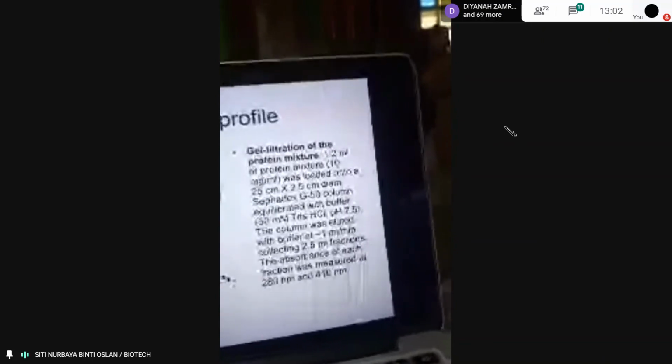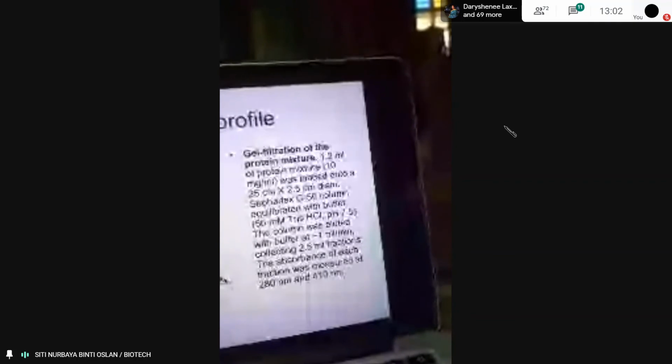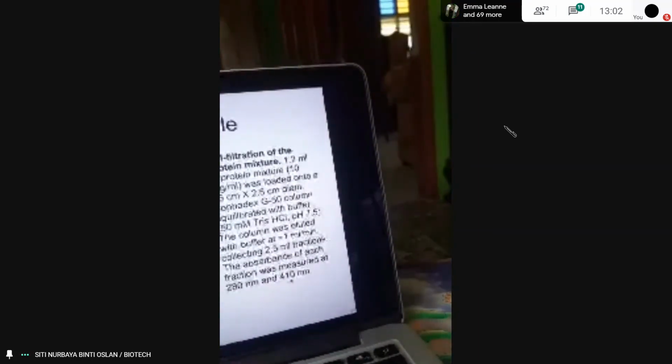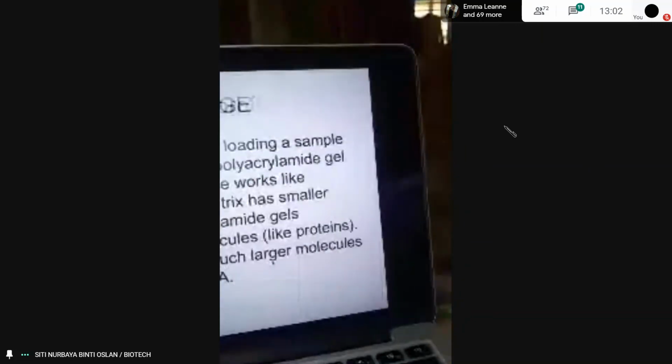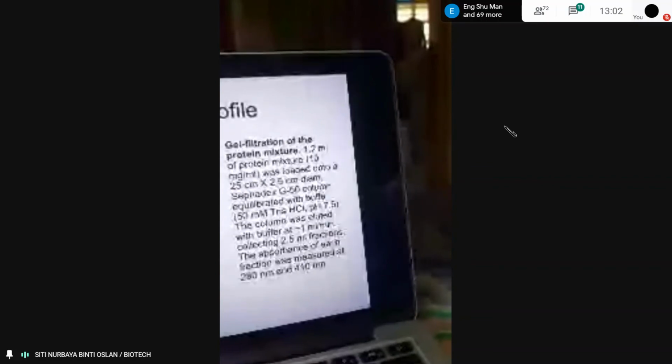And then the absorbance of each fraction was measured at 280 nanometer, and the 410 is for the activity of the protein that they have purified. Here it looks like only this one is zero.